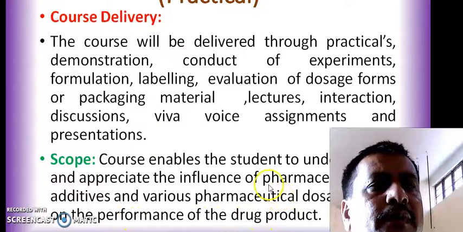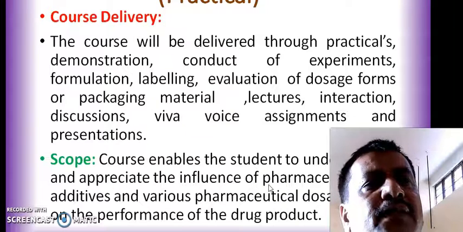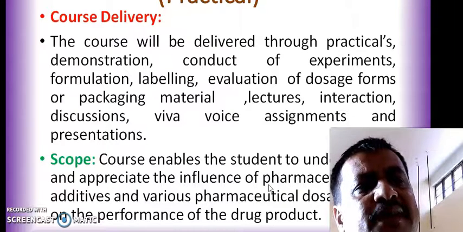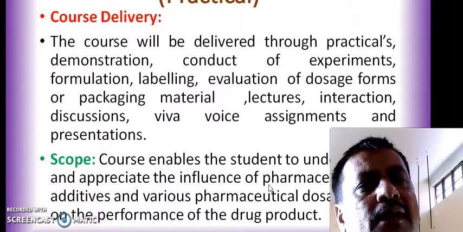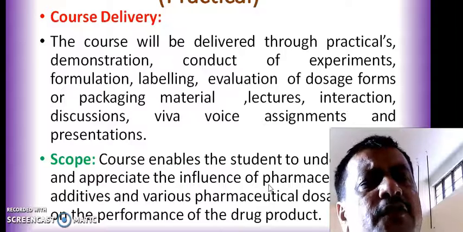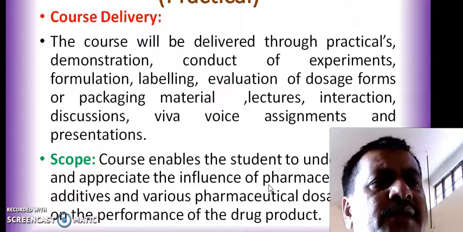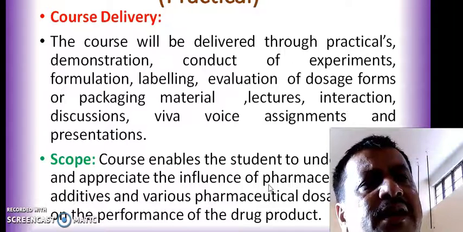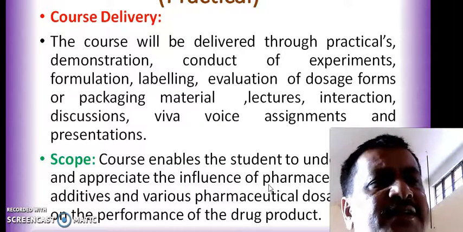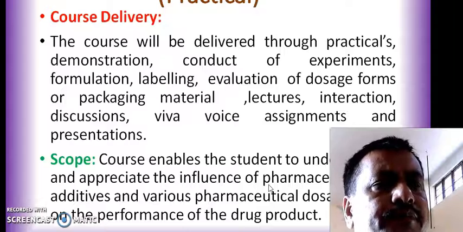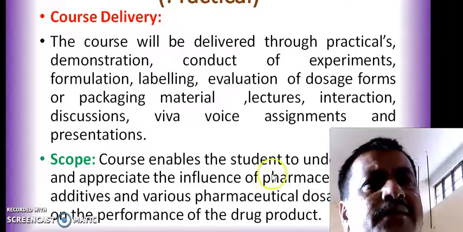In short, after completion of this course, you will be in a position to know which kind of excipients go in dosage forms such as tablets, capsules, then liquid orals, then ophthalmic products, and parenteral products, and how we are going to carry out the quality control tests for packaging materials.